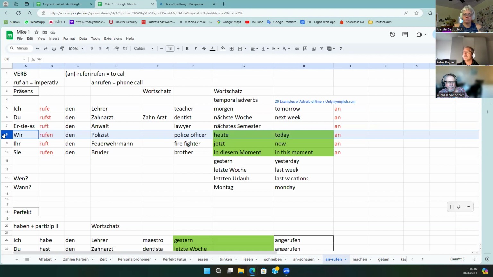Ihr ruft den Feuerwehrmann jetzt an. They call the firemen now.